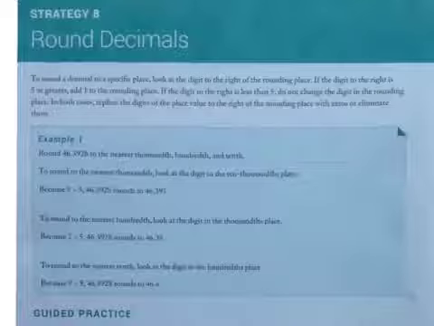If the digit to the right is less than 5, do not change the digit in the rounding place. In both cases, replace the digits to the right of the rounding place with 0, or just eliminate them.